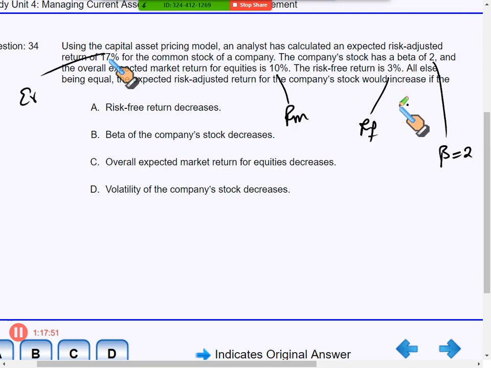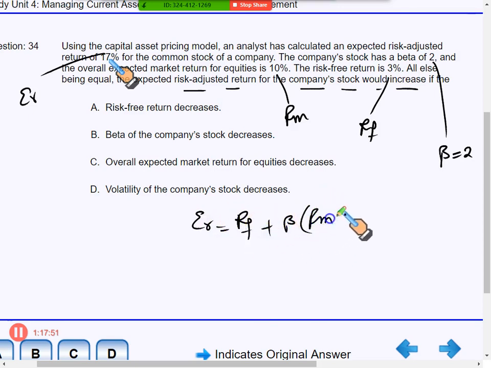Okay, everything is given. What exactly do we need? Do we need any computation? All else being equal, the expected risk-adjusted return for the company stock would increase. Expected risk-adjusted return depends upon the risk-free rate, upon beta, and upon the return on the market. It says everything else stays the same.